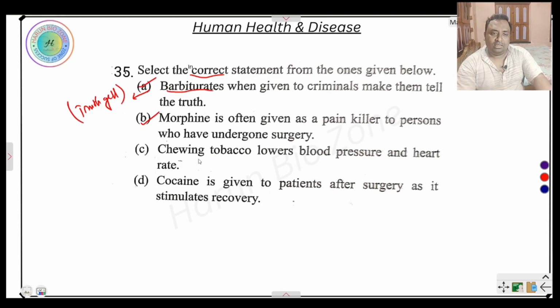This is right. Chewing tobacco raises the blood pressure and heart rate. This is the wrong answer. Cocaine is given to patients after surgery as it stimulates recovery. Cocaine acts as a local anesthetic.